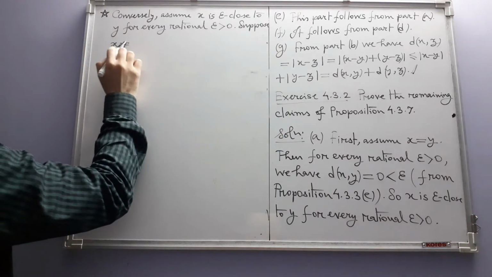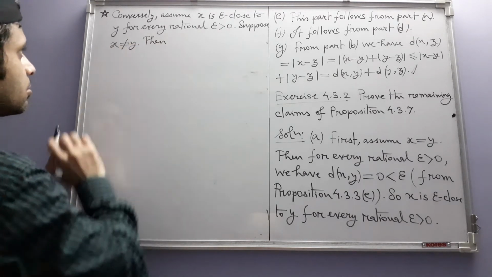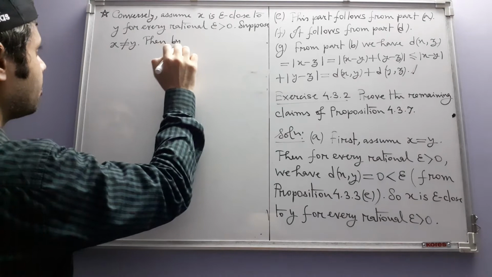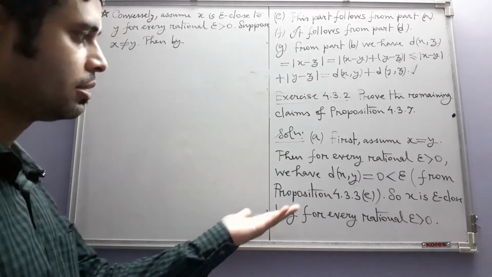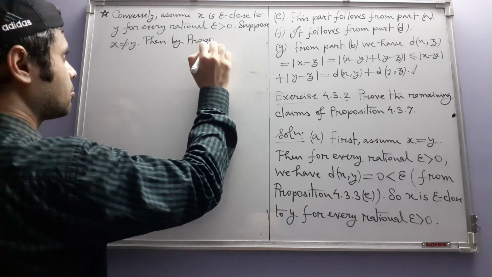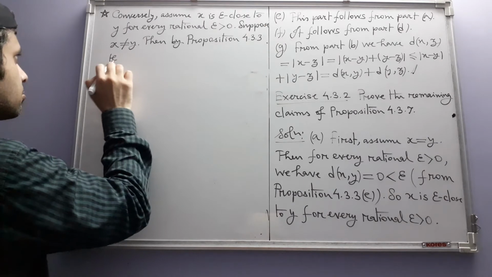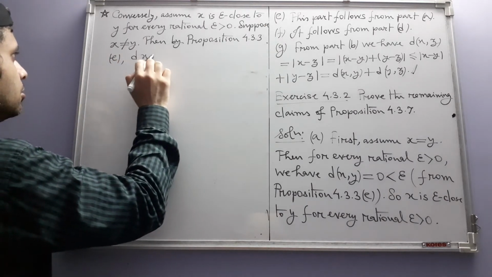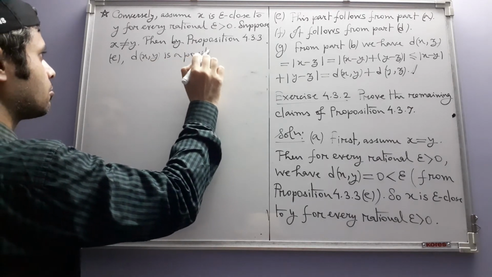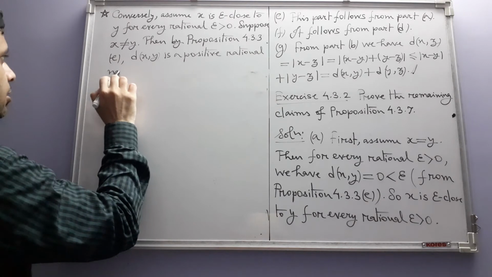Suppose x is not equal to y, then by non-degeneracy of distance, then by proposition 433e, d of x comma y is a positive rational number.